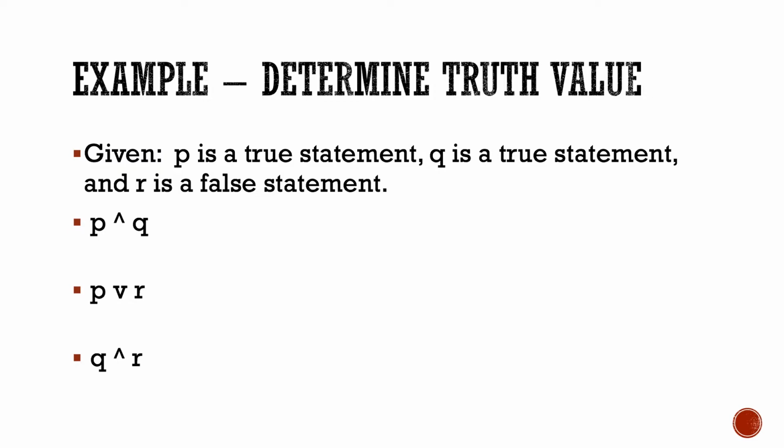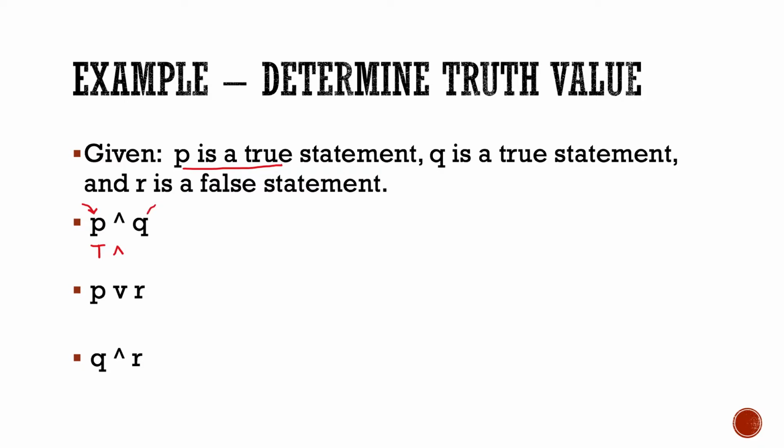We want to determine the truth value for the statement P and Q. I'm going to begin by writing down the truth value for the P. We know that P is a true statement, so I'm going to put a T underneath that P to say that that is true. I'm going to keep my symbol.